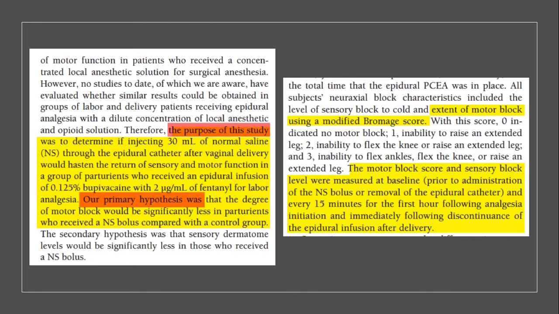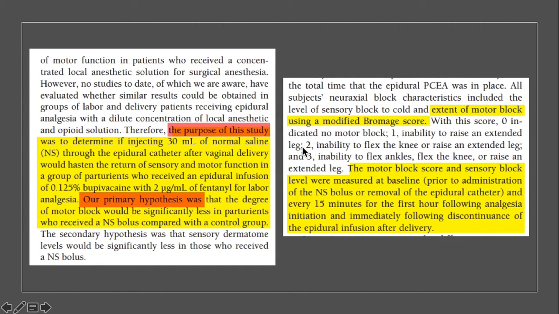And the hypothesis of this study was that the degree of motor block would be significantly less in parturients who received a saline bolus compared to those in the control group. And over on this side, I've highlighted some of what they used in terms of methodology.